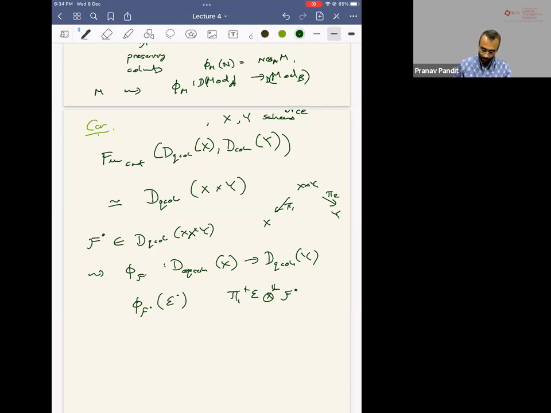Everything is derived, so I should say L pi 2 lower star. All functors are derived functors.